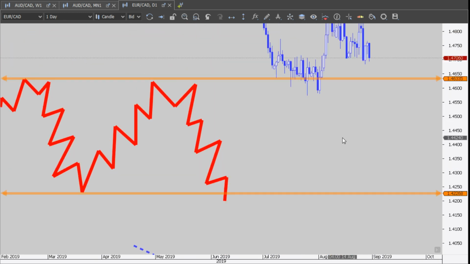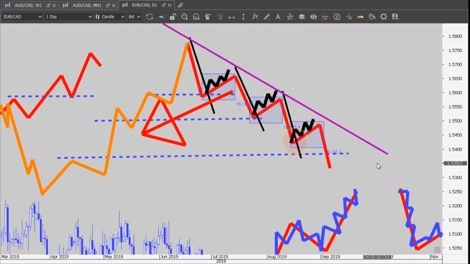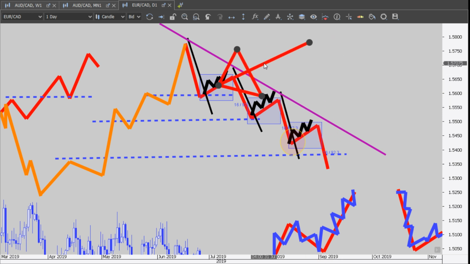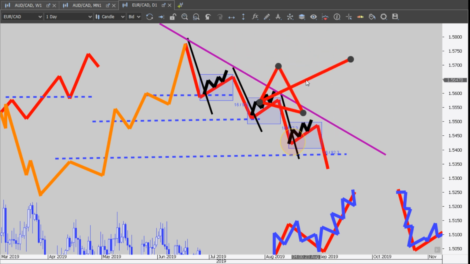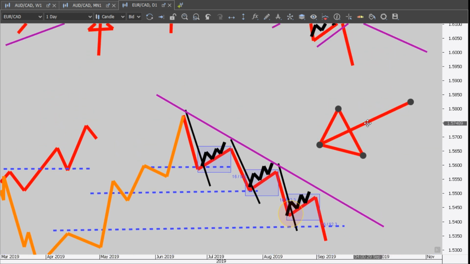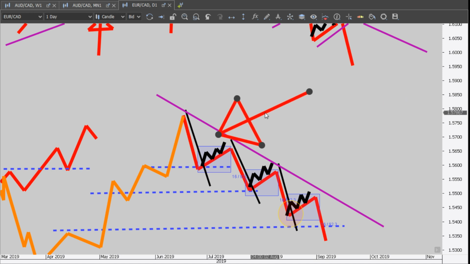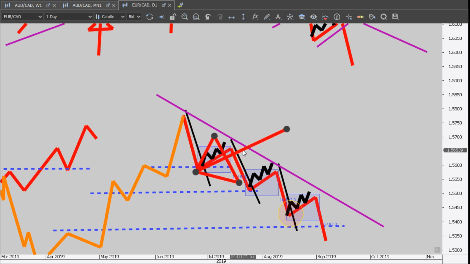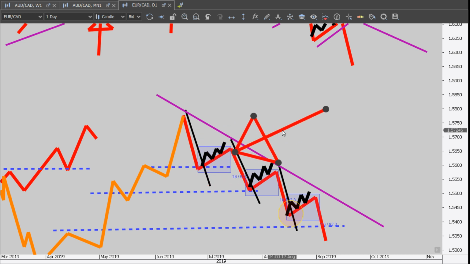Now, does this mean that you can't or shouldn't trade the retracement? Well, absolutely no. Absolutely no. But ask any professional trader when he needs to choose between entering an extension trade or entering a retracement trade.